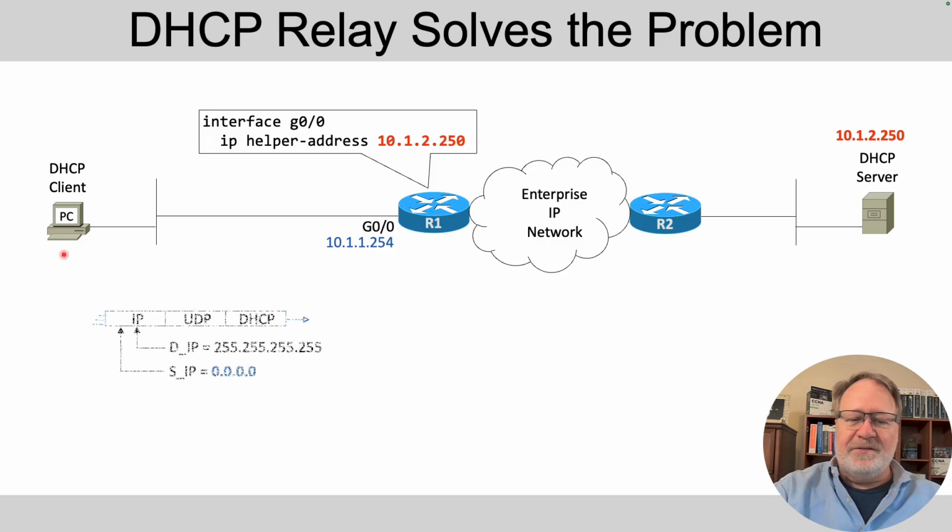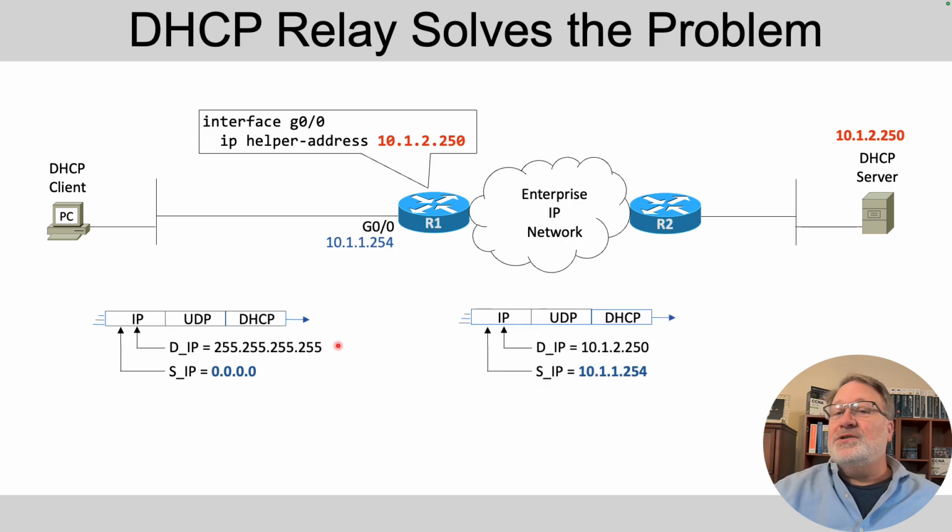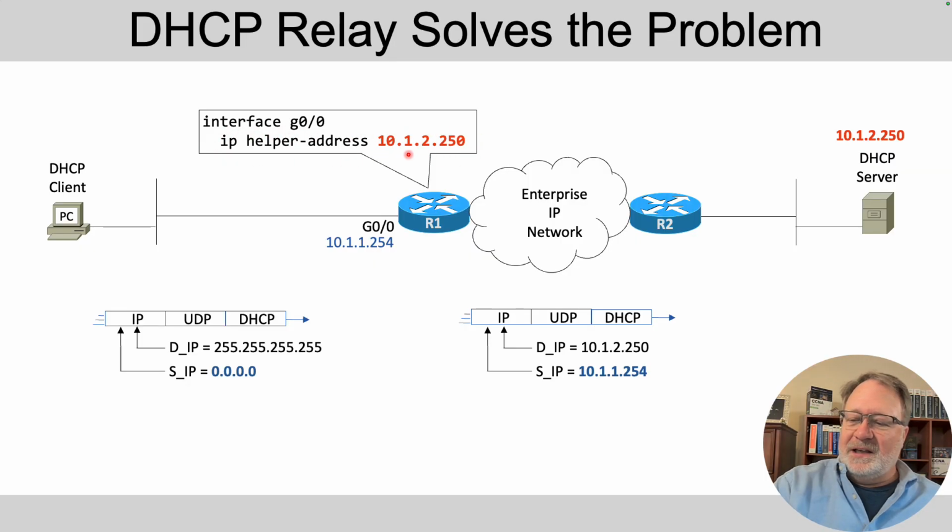That PC on the left sends that same old discover message with those same addresses we just talked about. Destination is all 255's. So R1, when it gets that, says, hey, I need to change the source and destination address. That's what this IP helper-address command's logic does. And it changes the destination to the configured address 10.1.2.250, which is the DHCP server's address. So the packet will be routed and delivered to the server.